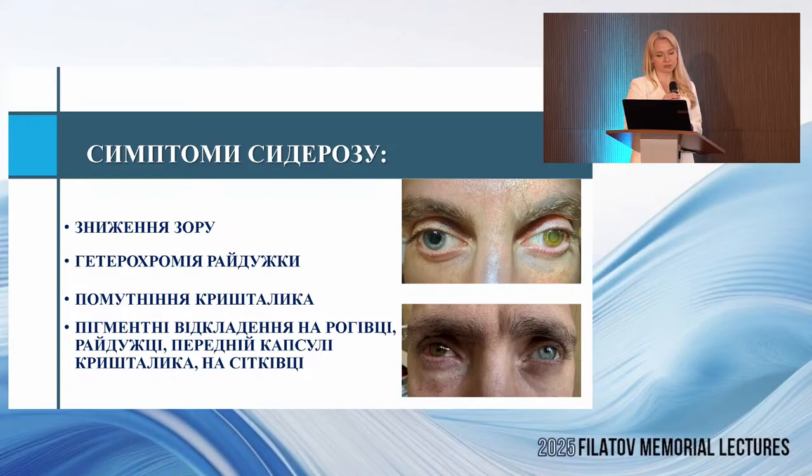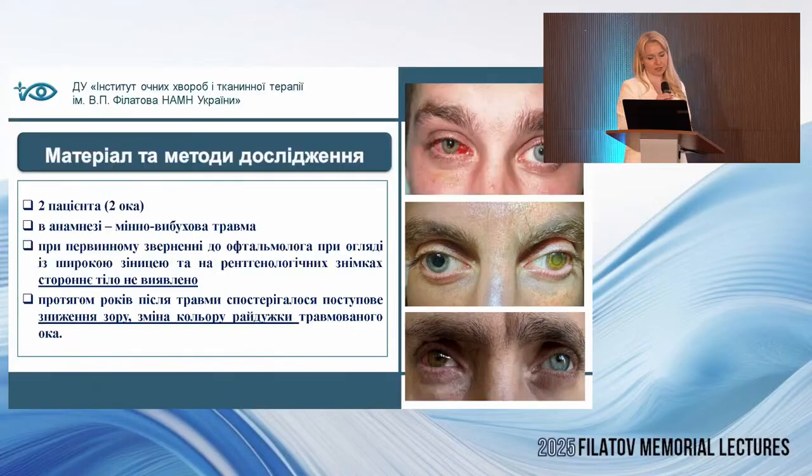Siderosis symptoms include visual acuity loss, iris heterochromia, which is reported by patients themselves, getting started with their ophthalmological examination, blurring of the lens, and other features.